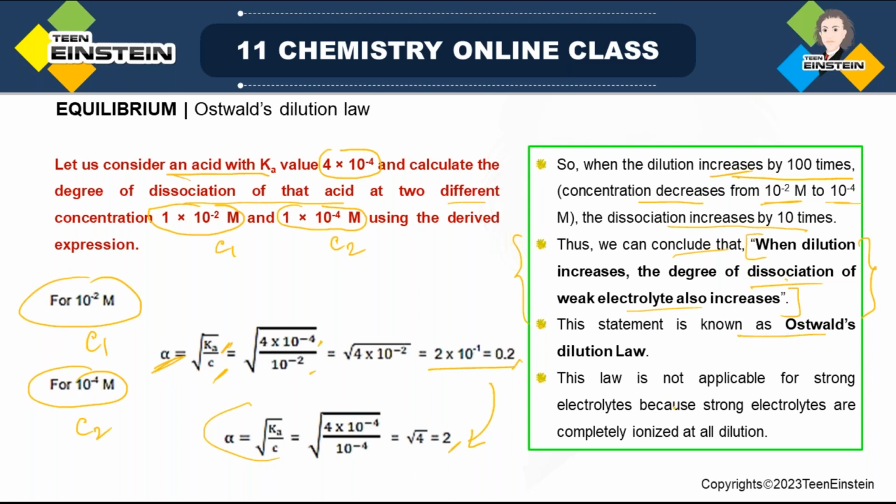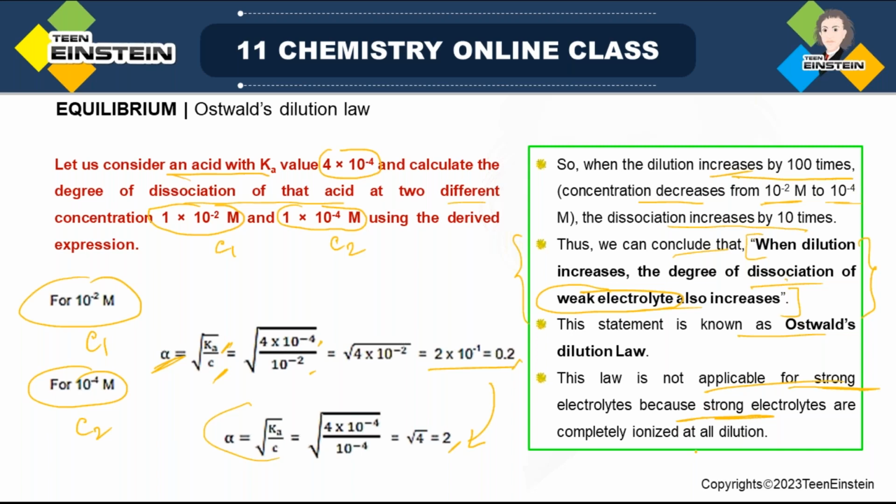So this is the statement of Ostwald dilution law, but remember, it is only for weak electrolytes. It is not applicable for strong electrolytes, because in strong electrolytes there is complete ionization, so no question of degree of dissociation. Degree of dissociation means that when there is not complete dissociation, some percentage of the weak electrolyte you have taken is in dissociated form, and that percentage is alpha.